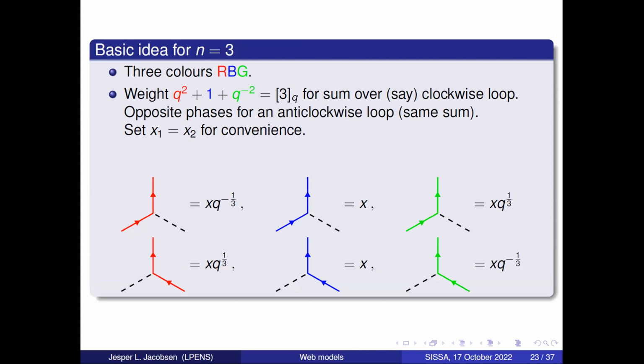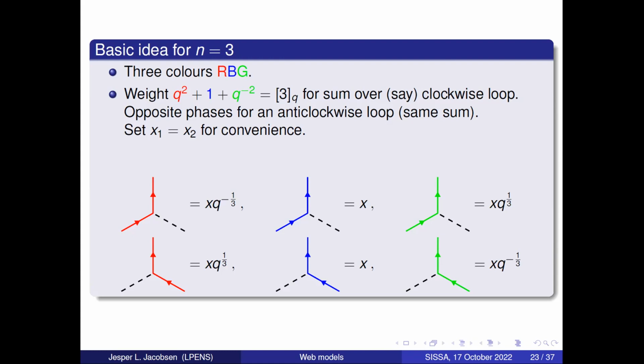I now need to distribute out a weight of Q squared plus 1 plus Q to the minus 2 for each loop. So what I'm going to do if there is no bifurcation is take factors of Q to the plus or minus 1/3 for 2 of the colors, red and green, and I will take no such factors for blue, which will then give the 1.